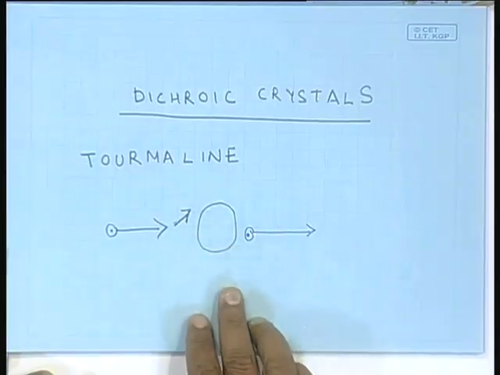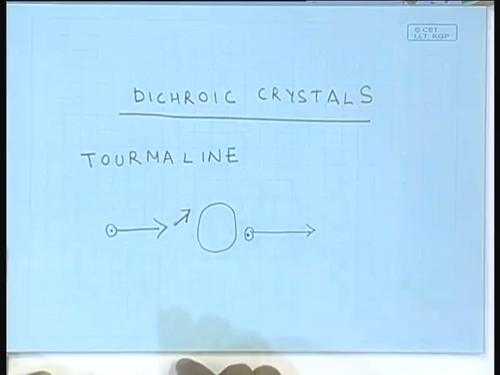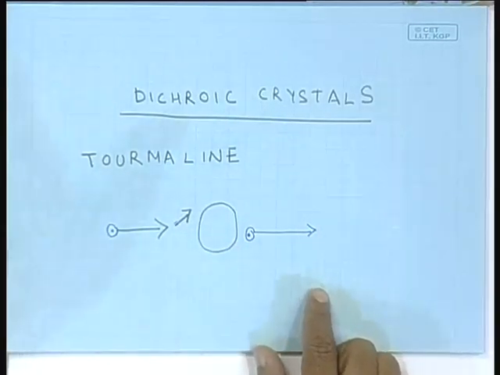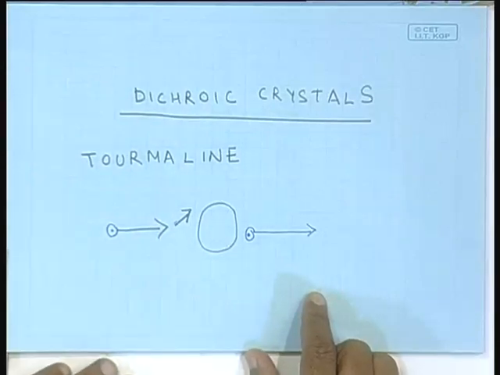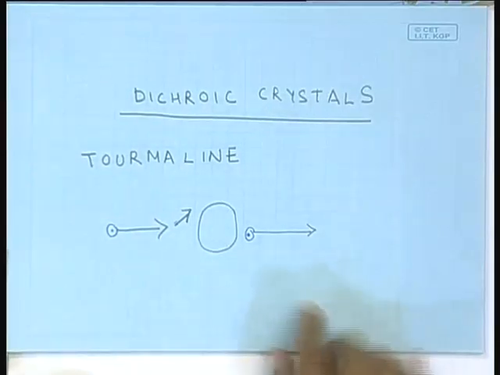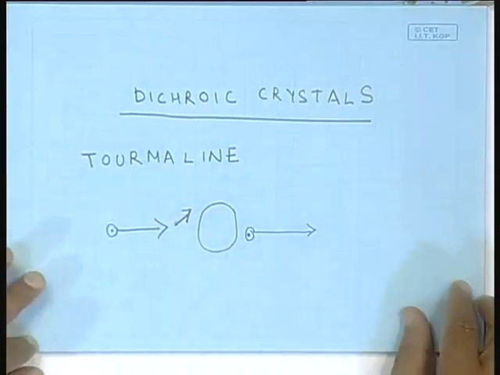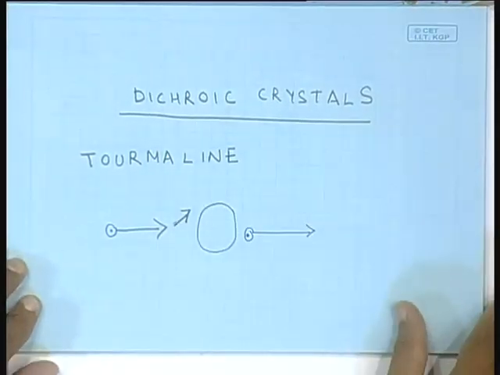For example, the tourmaline crystal appears green because it preferentially absorbs the other wavelengths, and so it has a very narrow range of wavelengths over which it works. So, the spectrum of the incident light gets modified by the time it comes out. It also reduces the intensity of the other polarization quite significantly. So, this has got limited applications.